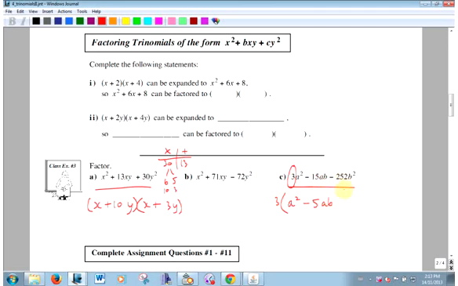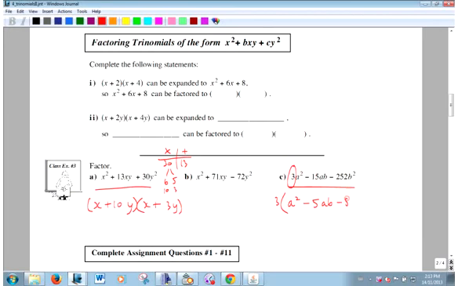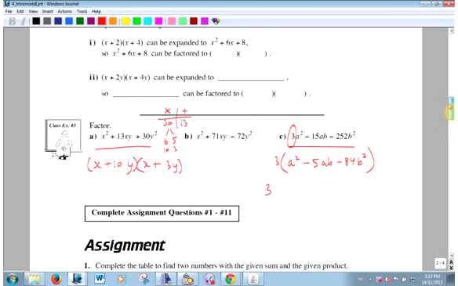How many times does 3 go into 252? Probably be quicker to work it out by hand. How about 84 times? Minus 84b squared. Okay? Throw the 3 down there, then forget about it.